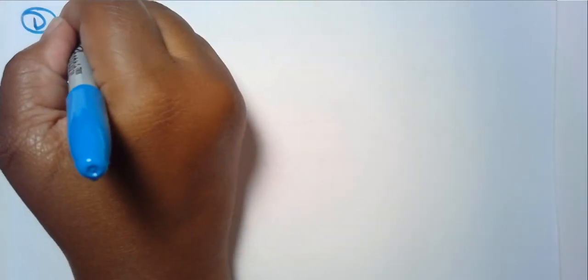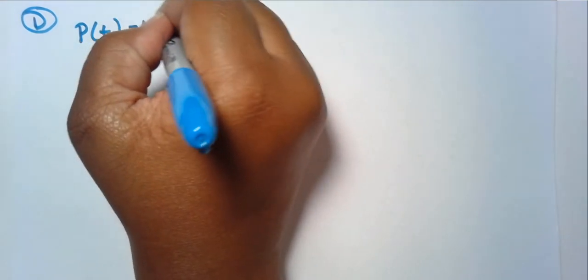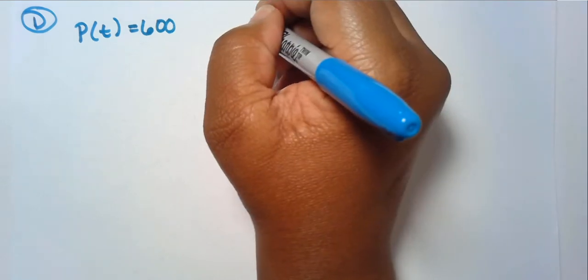All right, example D. It says, when will the insect population reach 600? So we want to find out at what day the insect population will reach 600. What is given here is P of T, the value at the time. So don't forget about our formula.